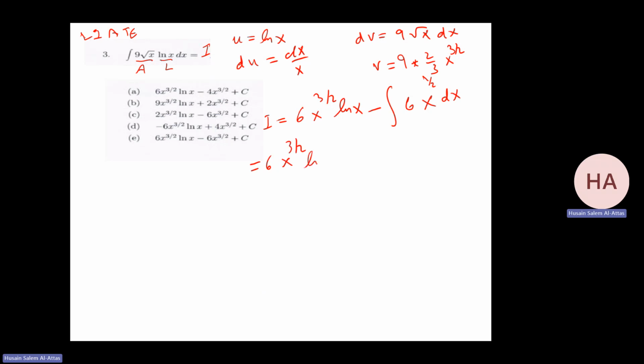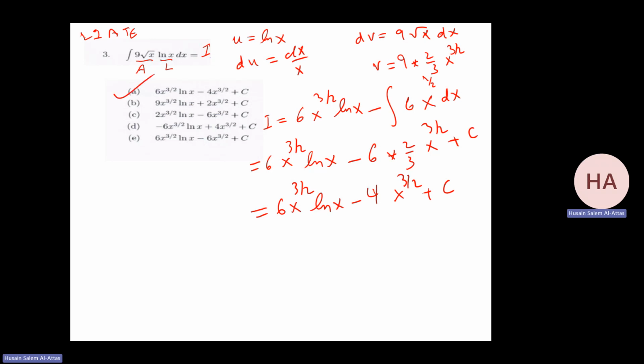So it is still the same thing. Integral of x to the power half will be 2 over 3 x to the power 3 over 2. Don't forget plus c. That gives me 6 x to the power 3 over 2 ln x minus 4 x to the power 3 over 2 plus c. And that is the answer.